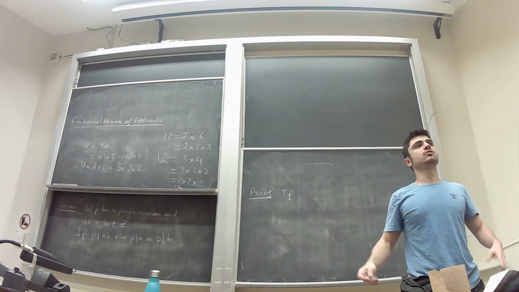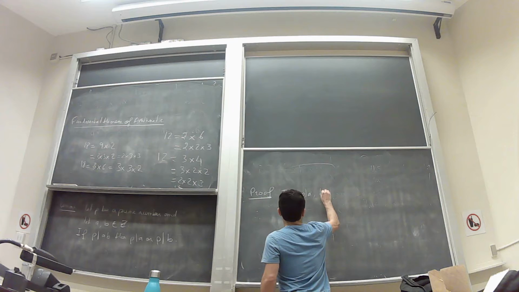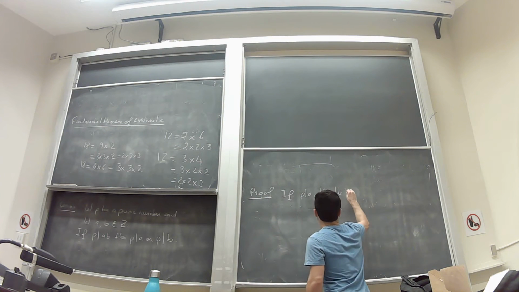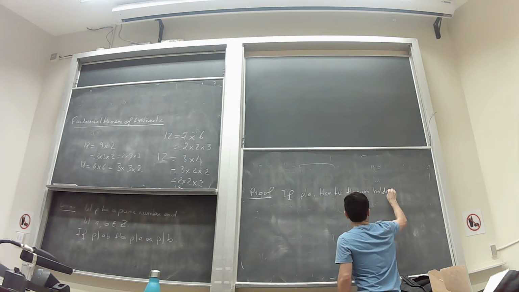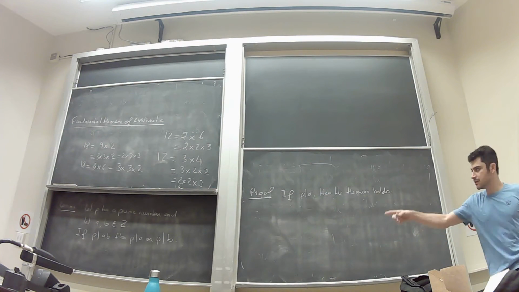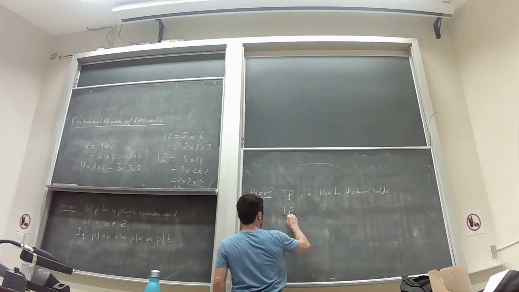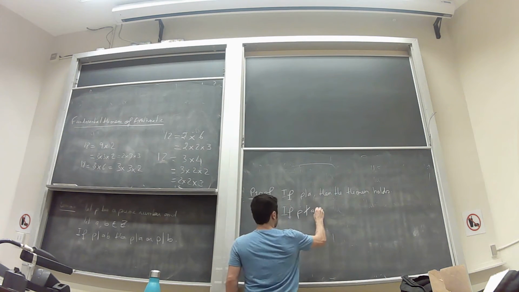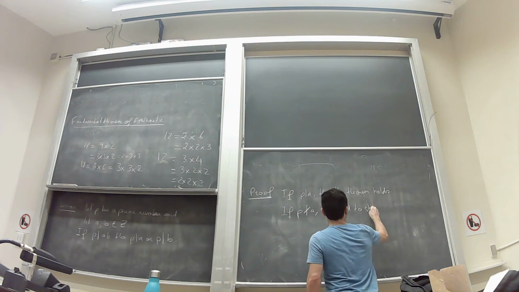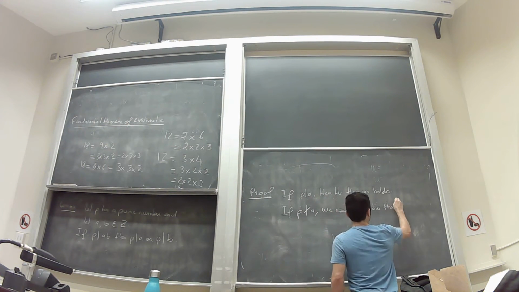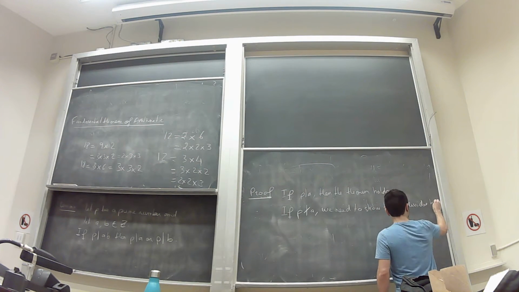Now, if P divides a, then the theorem clearly holds. Now, if P does not divide a, we need to show that P divides b. Isn't that right?